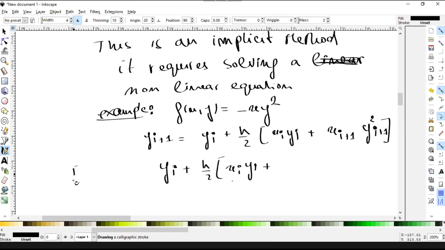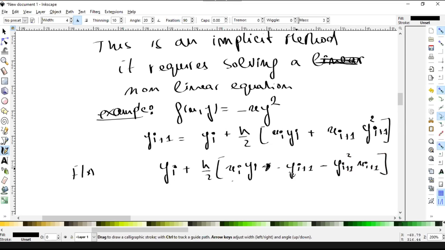Okay, I'll write capital F of x equals 0. Don't confuse this F with this f. So here you will have, for example, plus h over 2, plus minus y_{i+1}, minus y_{i+1} squared x_{i+1}.